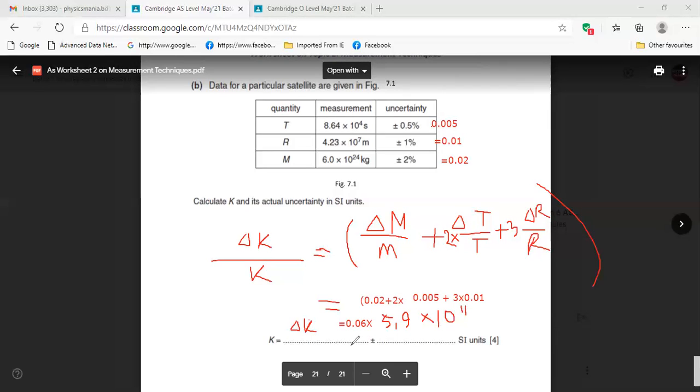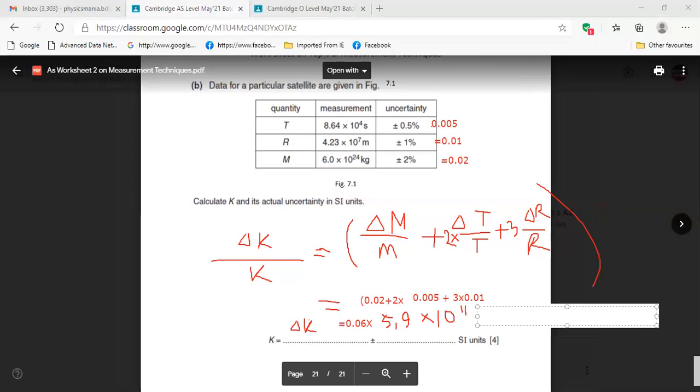So what is coming here? K plus del k, right? So what is the value of your del k? 0.354 times 10 to the power 11. Yeah, I'm typing here.